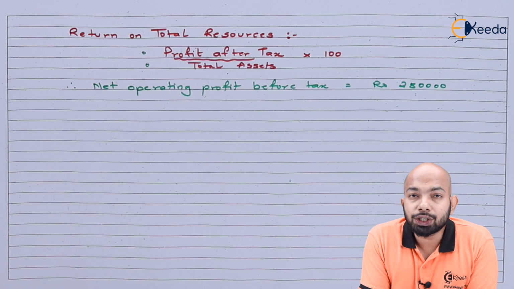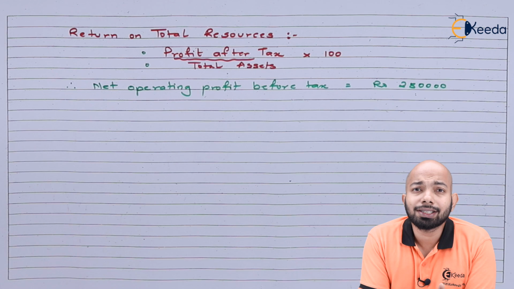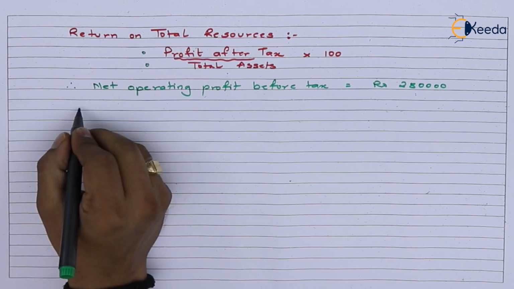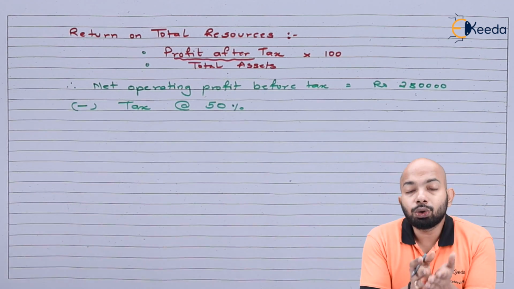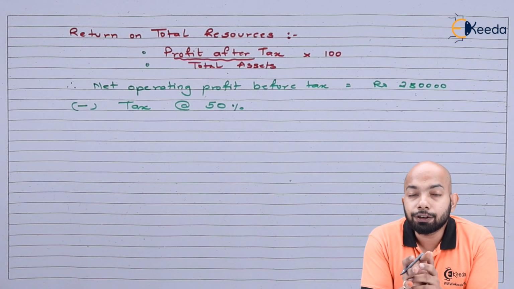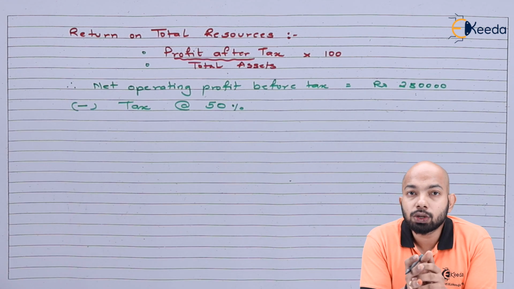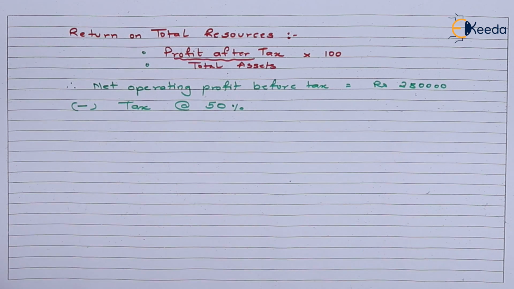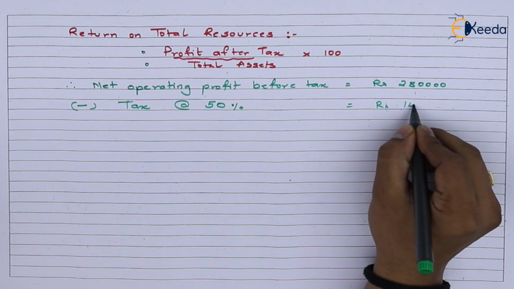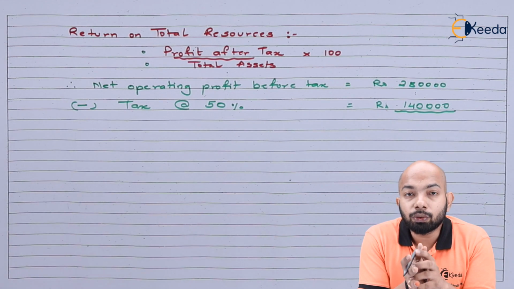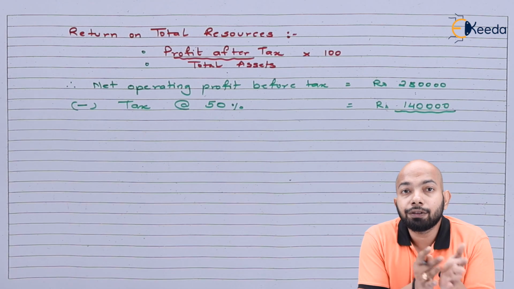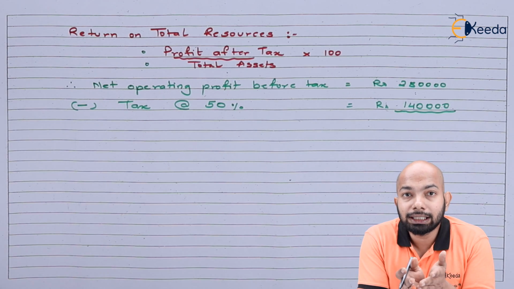In the question it was mentioned that the tax rate is 50%. So on 2,80,000, 50% means 1,40,000 will be straight away deducted. The balance left will be net operating profit after tax, that is profit after tax.